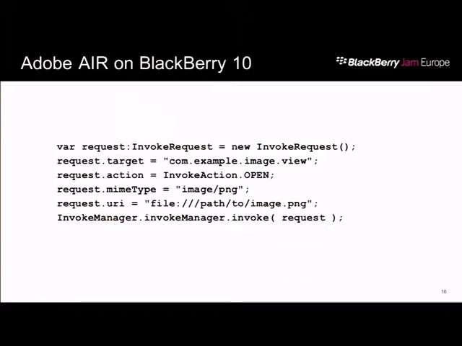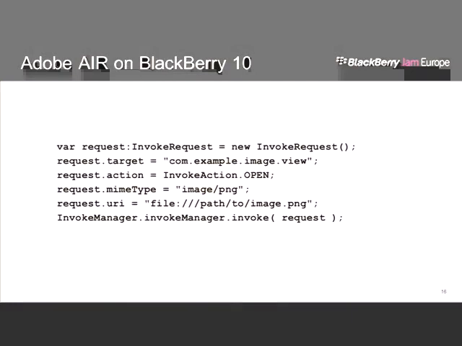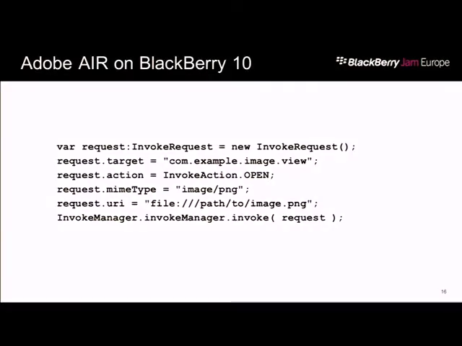So with simple steps like making a target, an action, and a URI, you can make an invoke, and then use the invoke manager to push that invoke, and the system will call the other application. And also you can wait for a response. You can take an invoke and wait for a response between applications.